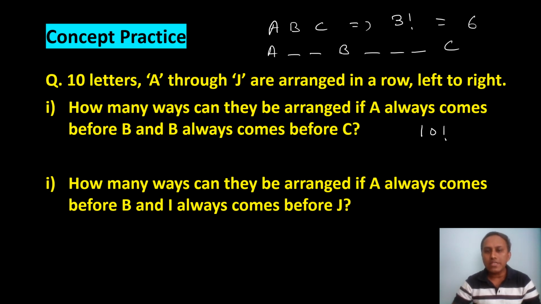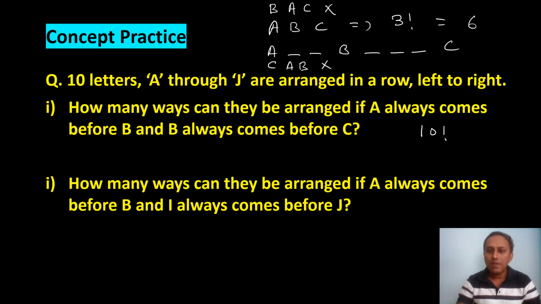So from 6 such arrangements, this includes an arrangement like this also, but this is not a valid arrangement in our question. Or maybe an arrangement like C then A then B, this is also not valid. So out of this 6, only one is valid, which follows that order, A first then B then C.